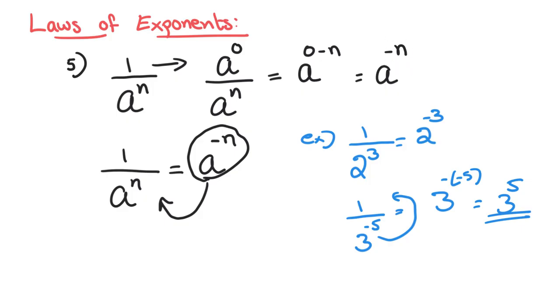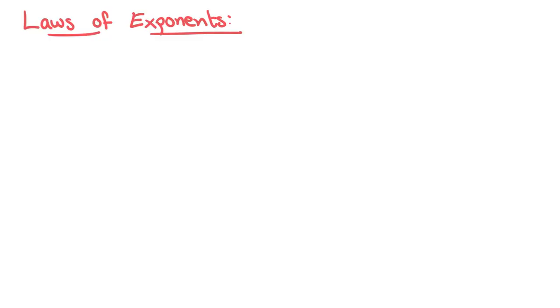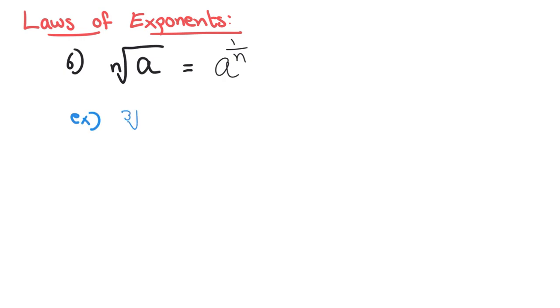Let's move further. Let us look at another rule or another law. Nth root of a is a to the power 1 over n. Okay? Example. Cube root of 2 can be written as 2 to the power 1 over 3.